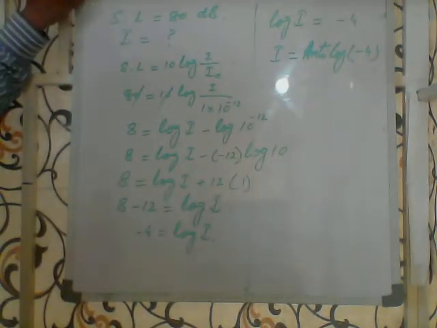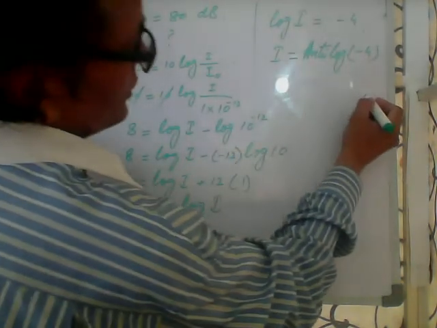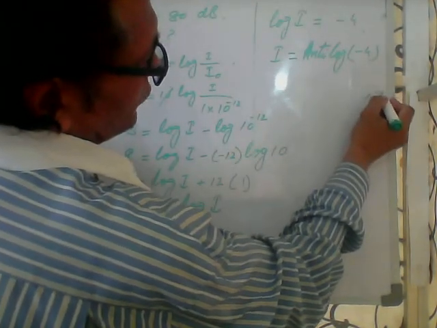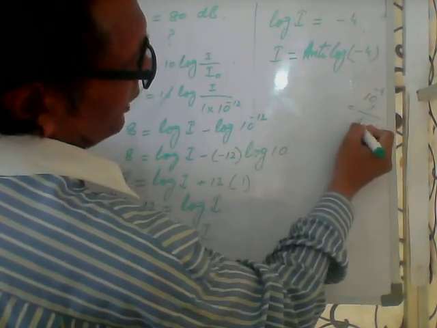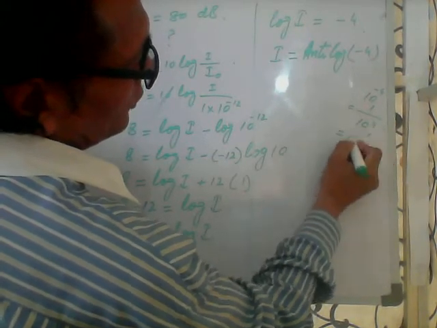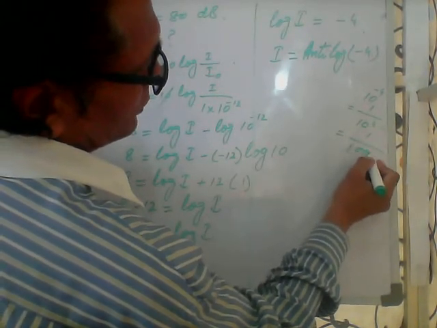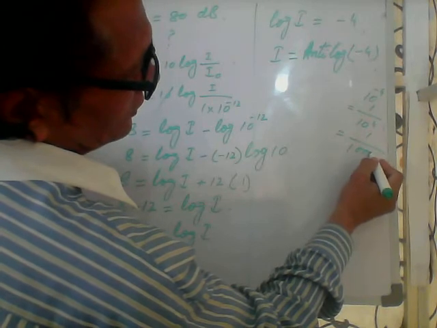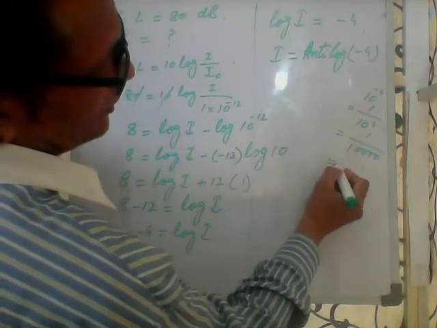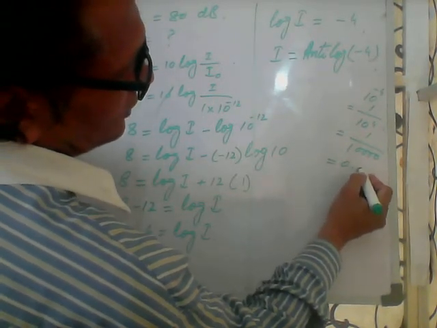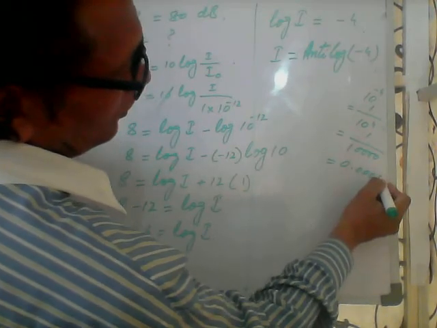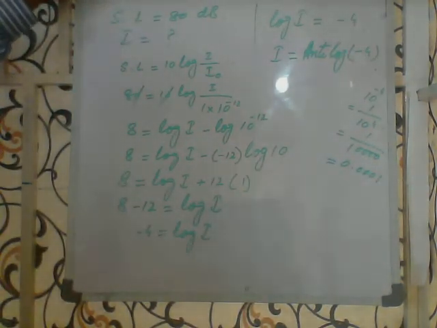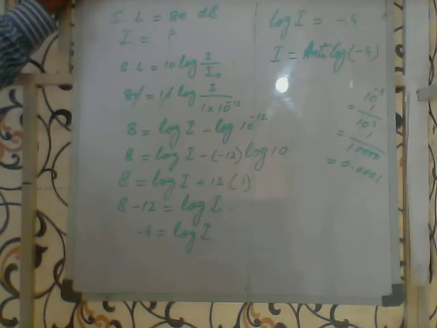And what is anti-log of minus 4? It is 10 raised to power minus 4, which is 1 by 10 raised to power 4. It is equal to 1 by 1, 2, 3, 4, and it is equal to 0.0001. Okay, you got the point?